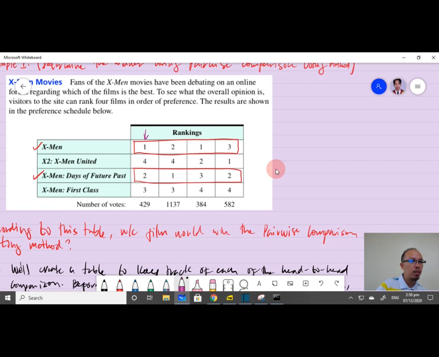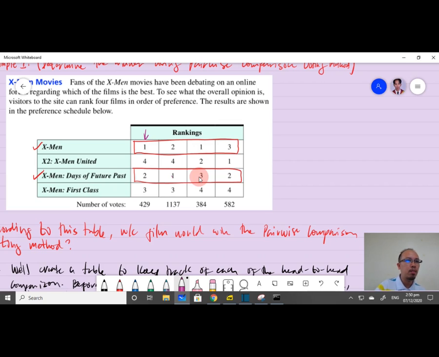So 2, 1 is X-Men Days of the Future was favored over X-Men, because most of these voters voted for this film first rather than the other one. The 1, 3 we have here, 1, 2, 1, 2, 2, 1, 1, 3.